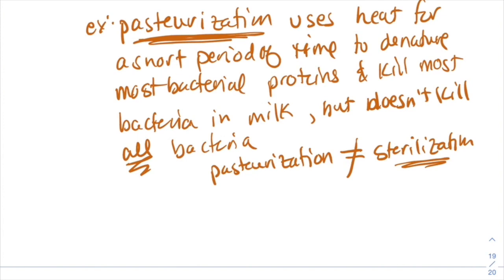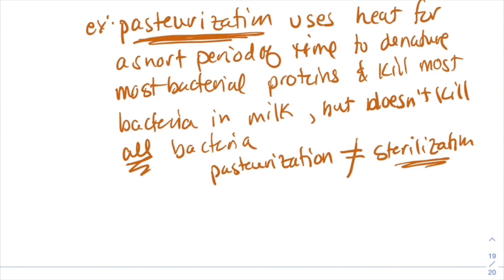For the most part, pasteurization doesn't sterilize your food, but it kills off most of the bacteria, which makes it last a lot longer, while it's traveling in a refrigerated truck, while it's sitting in the refrigerated section of your grocery store, while it's sitting in your fridge. But it's using heat to denature proteins.